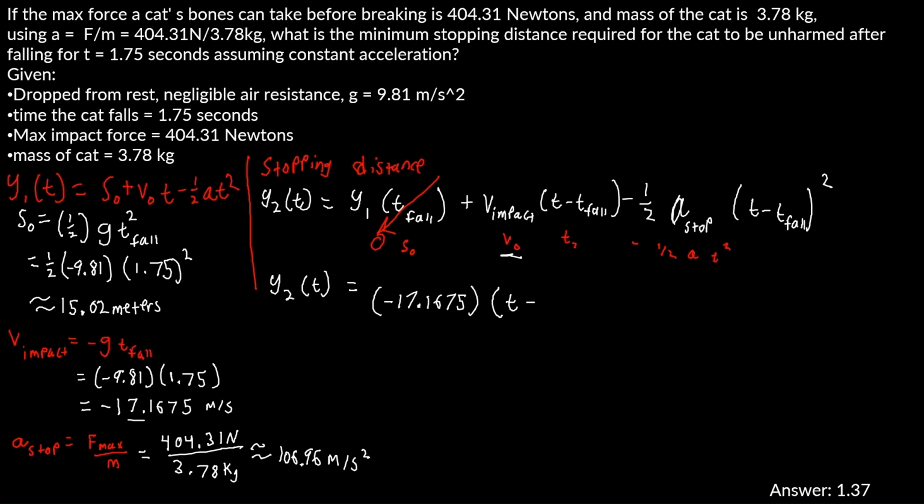So y sub 2 equals negative 17.1675 times t minus 1.75, minus 1/2 a, where a is 106.96 meters per second squared, times t minus 1.75 squared.